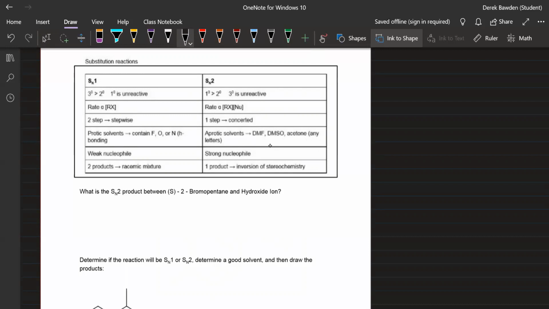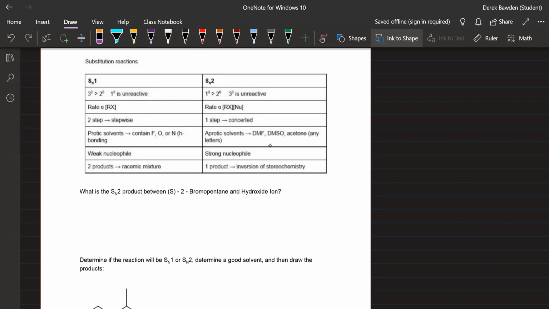I just wrote that whole thing out. Same with SN2, wrote all the things. Okay, and then when I got to the substitution reactions, I was able to look through this chart and say, okay, what do I have here that tells me which one it is, and how do I know what the answer is going to be? Okay, so that's my personal way of doing it. You guys decide how you want to work through these, but this chart really helped me.